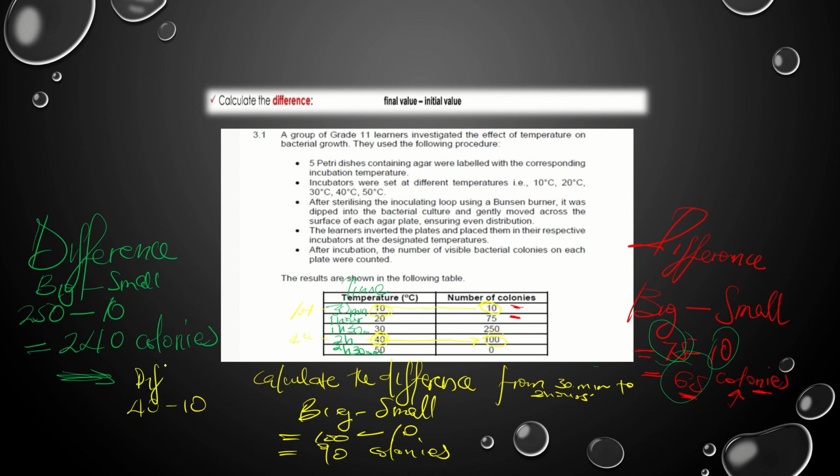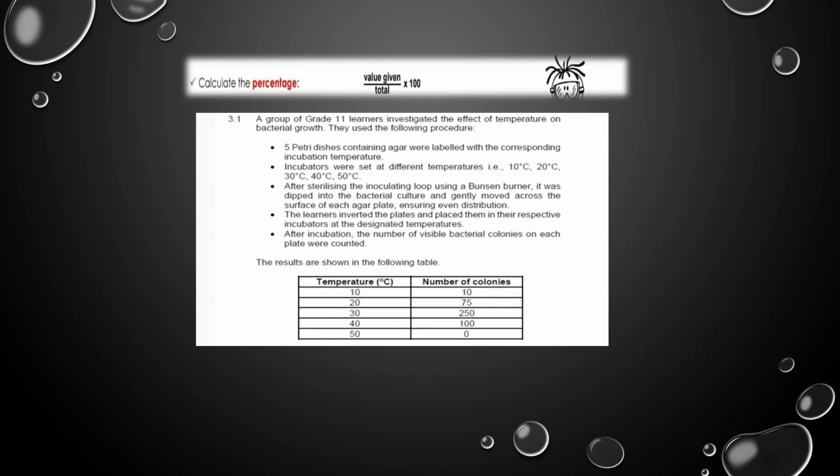This is the difference in terms of temperature, which is 30 degrees Celsius, from the first trial to the fourth trial, or from 30 minutes to 2 hours, depending on the data you're given. I've seen a lot of learners making mistakes in grade 10.